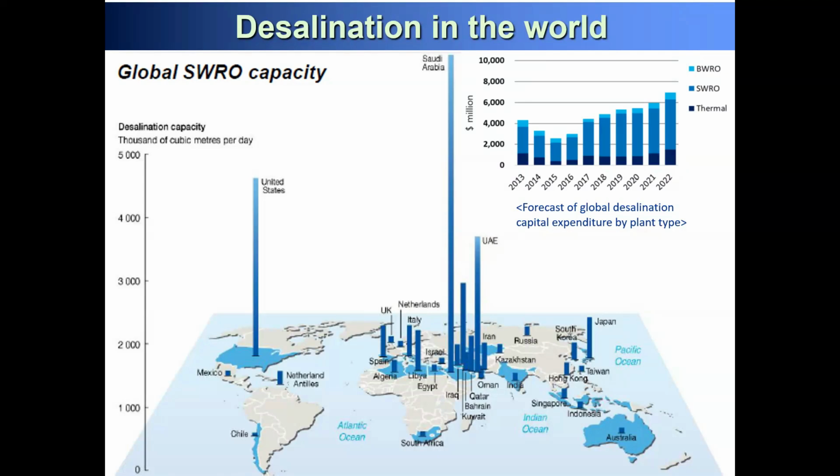Seawater desalination is becoming more important because everywhere now there is climate change, weather conditions, drought, especially in Middle East countries, Africa, even Australia, Western Australia, South Australia, Sydney. So we need desalination plants.